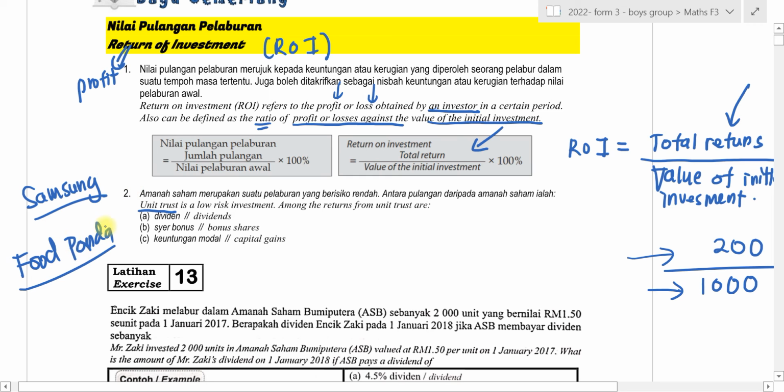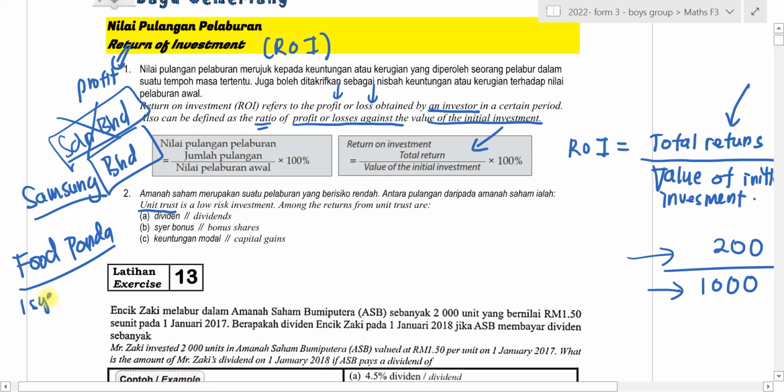How do we know whether they are open to the public or not? You will see Berhad or Sendirian Berhad. If you see Sendirian Berhad, this is not open to the public. If they put only Berhad, that means it's open for public. Public can buy their shares.